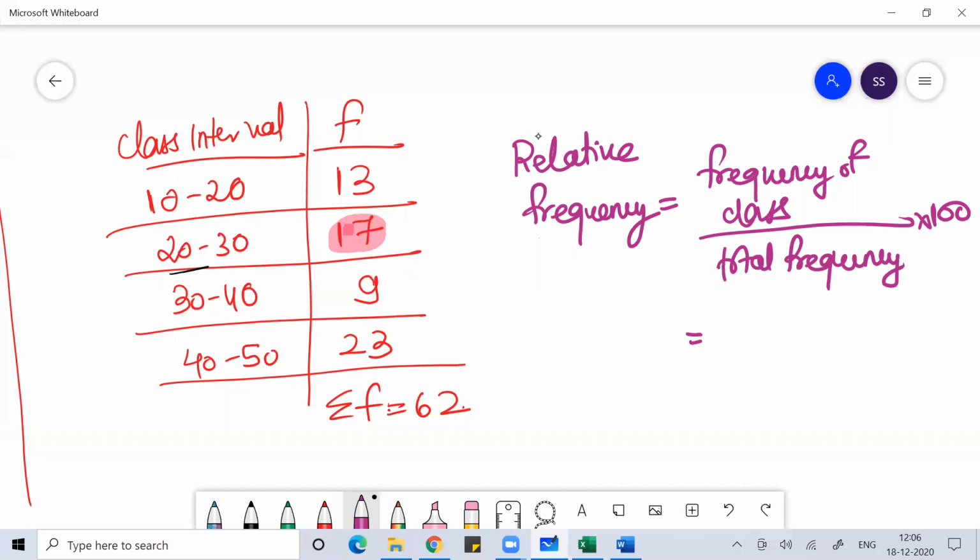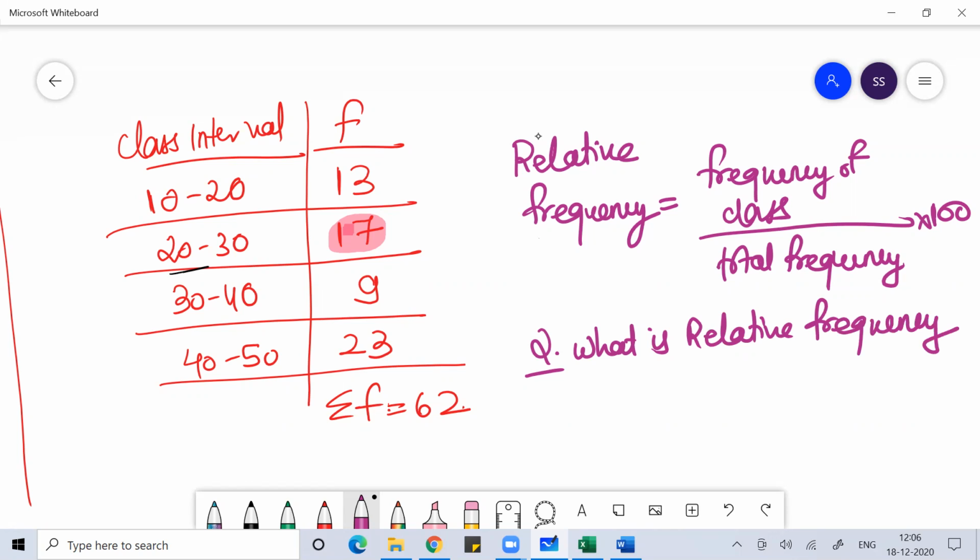Here if I ask you what is the relative frequency of 30 to 40? What is the frequency of 30 to 40? That is 9, divided by total frequency 62, into 100.